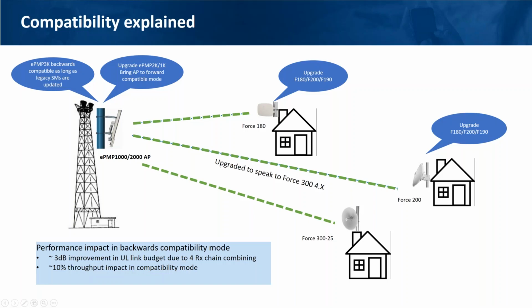So you have to do some planning, make sure that if you happen to have 60 subscribers in your AP, all 60 are covered by the new antenna, and that there are no stability issues or customer performance issues as you upgrade.